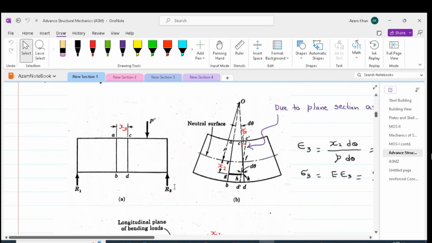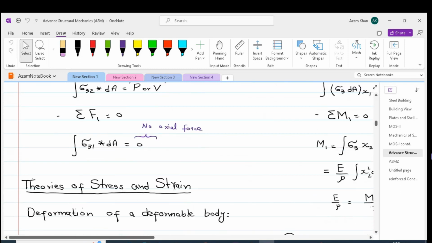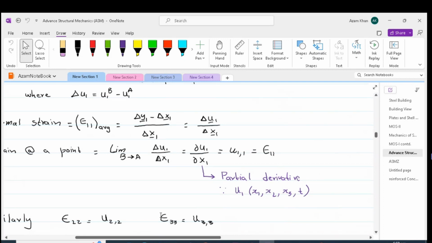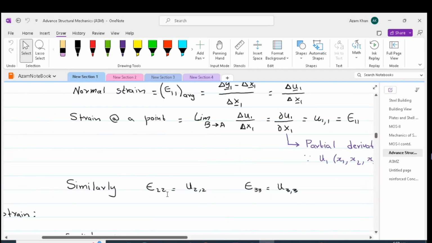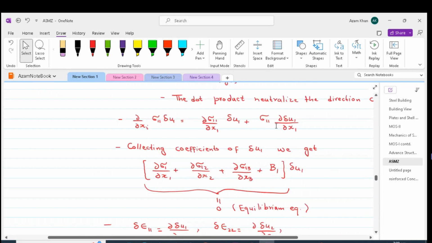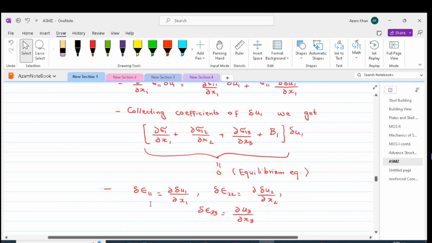While deriving our strain equations, we saw that strain 11 is partial u1 by partial x1, strain 22 is partial u2 by partial x2, and strain 33 is partial u3 by partial x3. So using the same definition, we can bring this remaining expression in terms of strains.